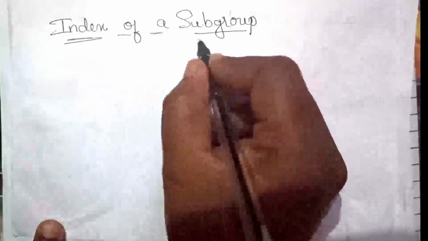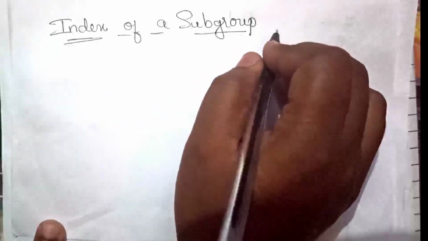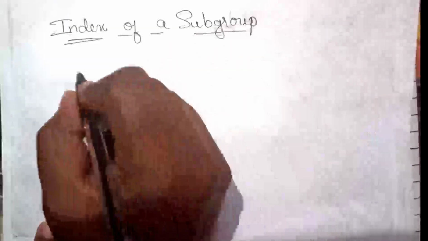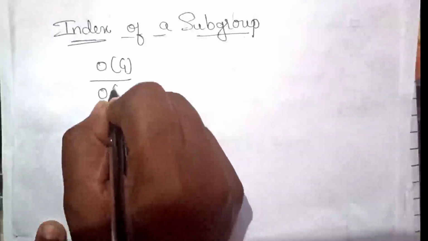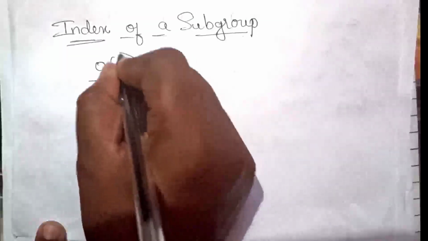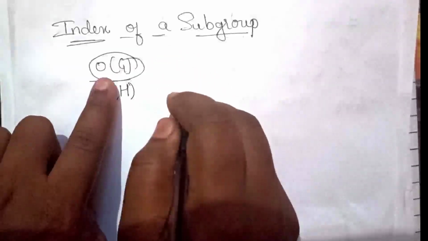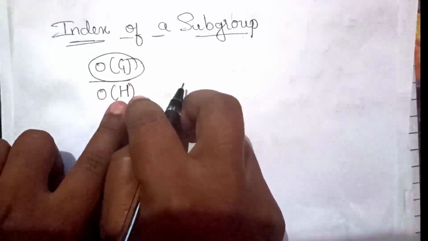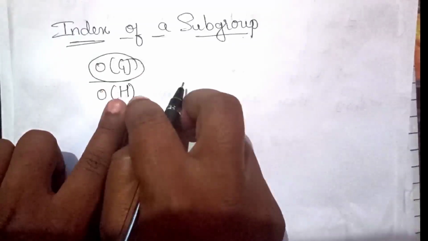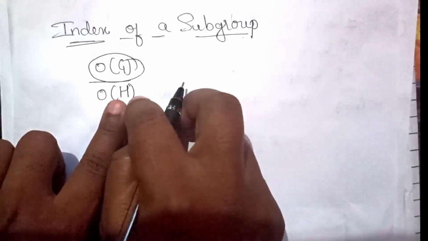The index of a subgroup is given by order of G divided by order of H. The order of G means the number of elements present in the group G, and order of H is the number of elements present in the subgroup H.